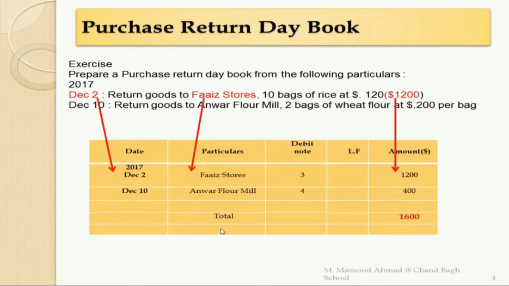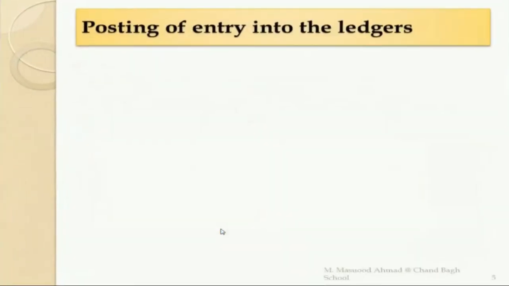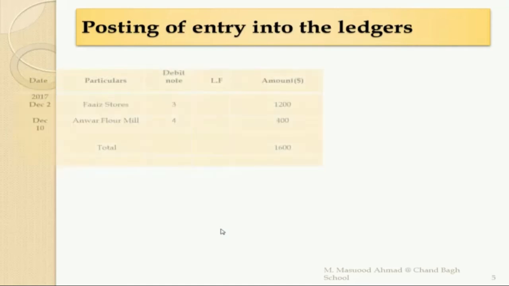This primary book is not part of the double entry system, and from this primary book we will record our double entry. We will give the debit effect and credit effect of the transaction. So let's see the posting of entries into your ledger.